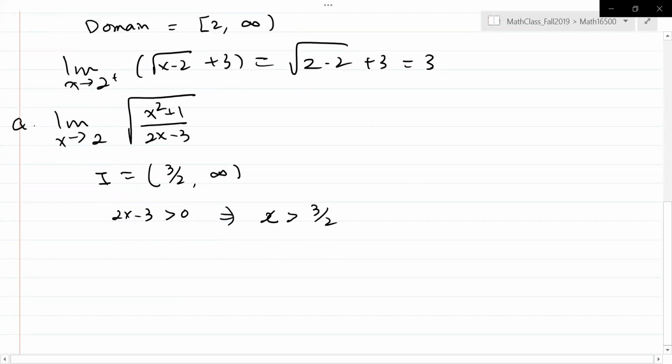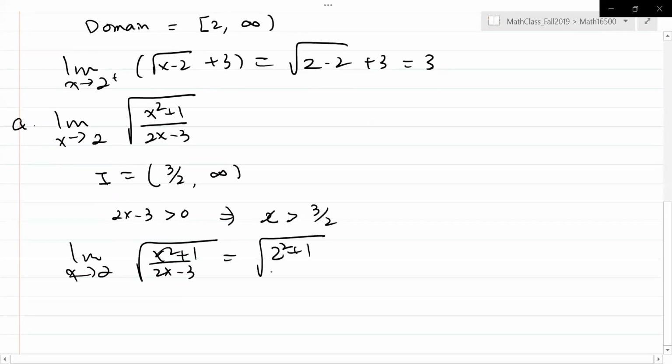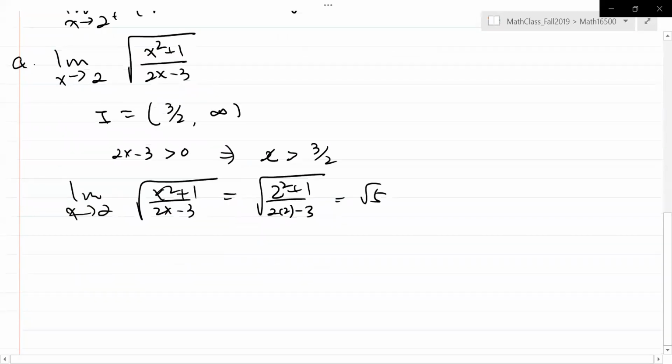So in order to find the limit at 3/2, you have to find a different way to do it. You cannot just evaluate the function at 3/2 because the function is not defined there. But that does not mean the limit does not exist. Here, 2 is in the interval greater than 3/2, so to find this limit you just need to evaluate the function at 2.